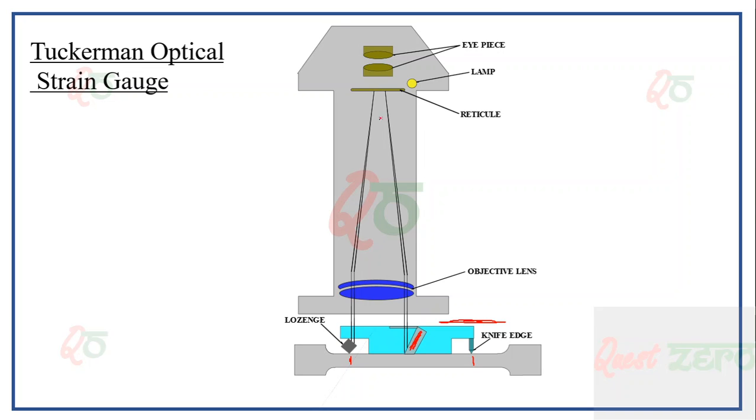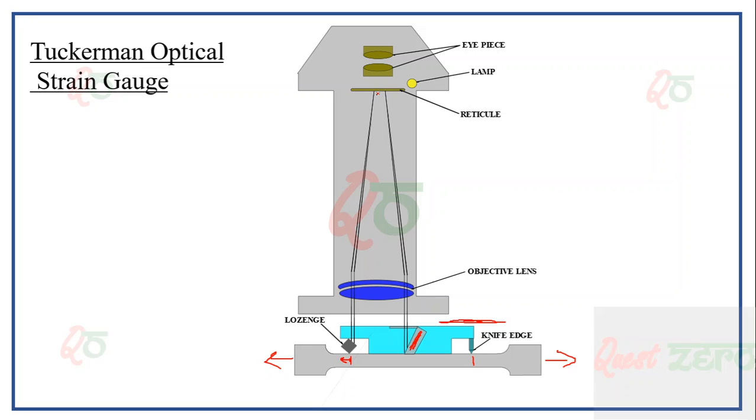But when the test specimen is subjected to forces, say a tensile force, and the component begins to elongate, the lozenge will rotate in an axis which is 90 degrees to the axis of your test specimen. When this lozenge rotates, the reflection will also be changed.